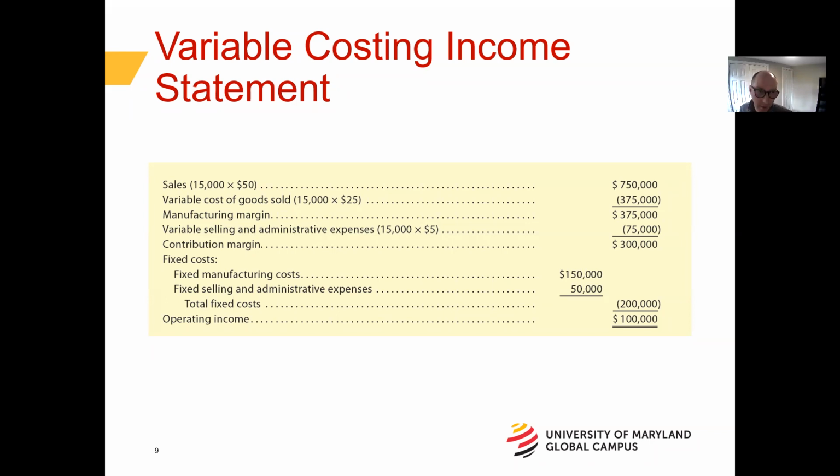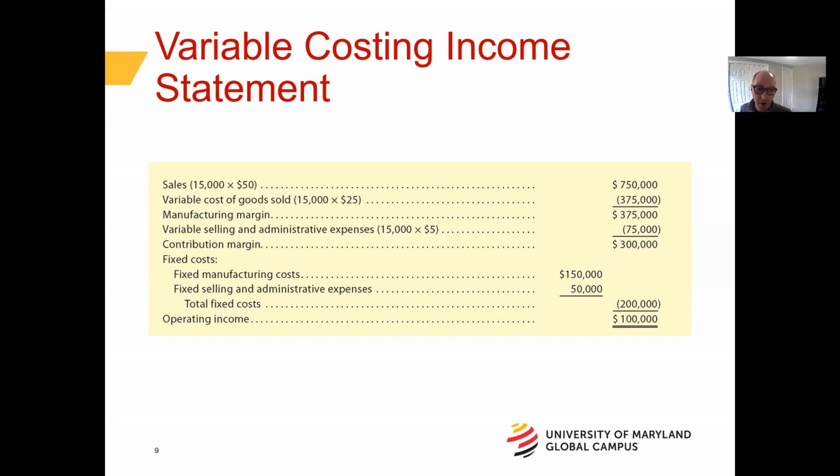Minus our variable selling and administrative expenses, 15,000 units at $5 per unit, so 15,000 times 5 is 75,000. Our manufacturing margin minus variable selling and administrative expenses of 75,000 gets us to a contribution margin of 300,000.